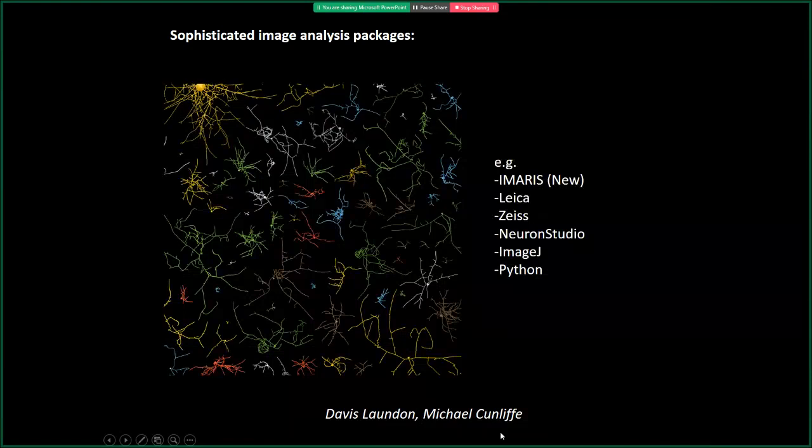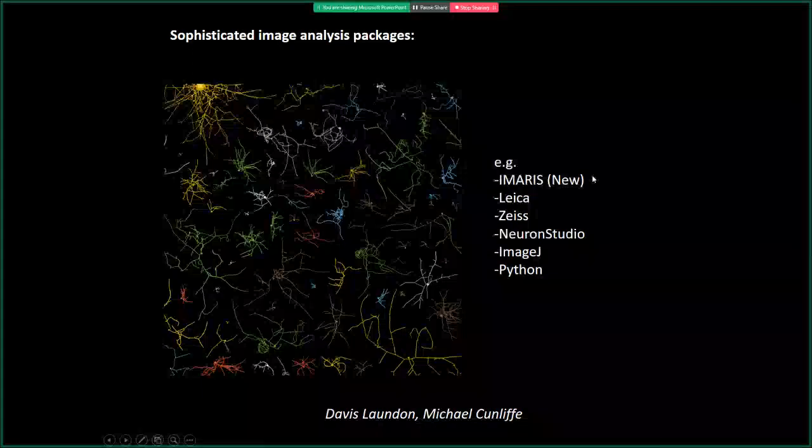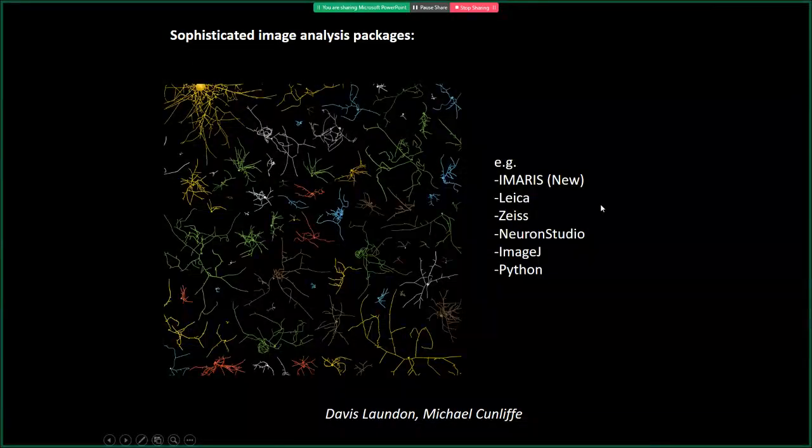On the right here, I've listed some of the image analysis packages that we use in analysing all these different kinds of images. I'll just point out the new package that we have, which is IMARIS. It's a very comprehensive, very powerful image analysis package. We've only just acquired that. So this is for everyone to use, and please come and talk to us about it if you want to do some image analysis with this new package.